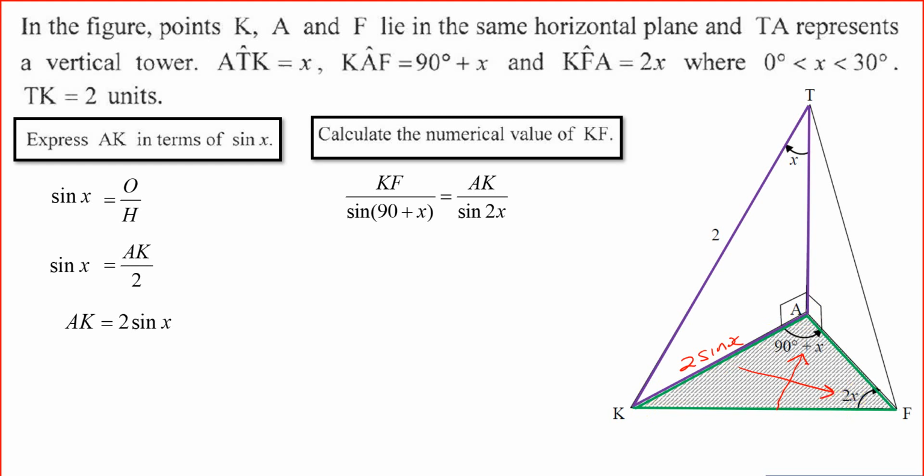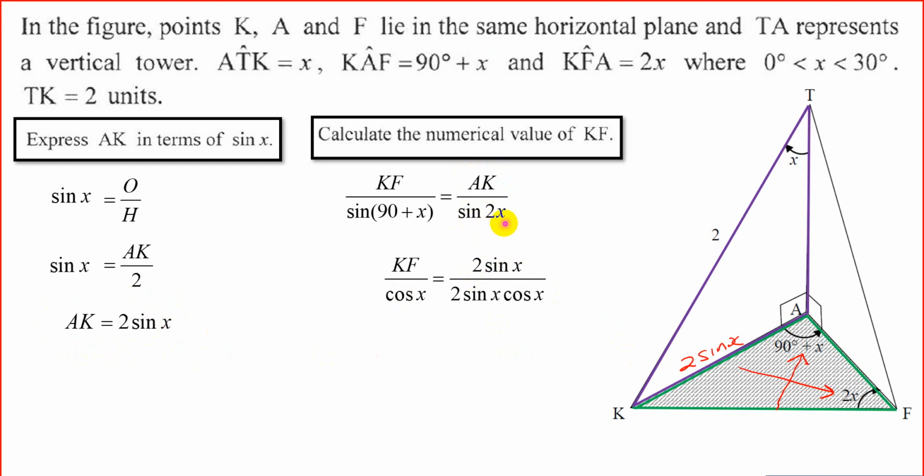Now, sine of 90 plus X is a co-ratio, so we can simplify that as well. Sine of 90 plus X using co-ratios will be cos X. Remember, in the second quadrant, sine is still positive. Then we replace AK with 2 sine X, because we found AK in the previous question.